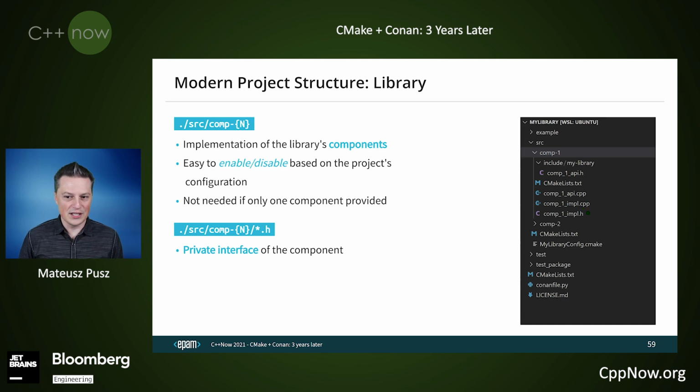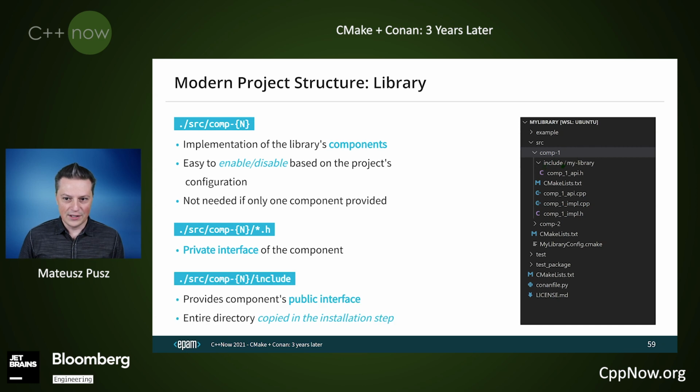It is not exposed as an interface of the library. In the include directory, I only put the public ones. And then when I'm doing installation step, I just copy-paste this public header to the installation package. And those private ones are not needed anymore because they are part of my binary. This simplifies a lot installation step.